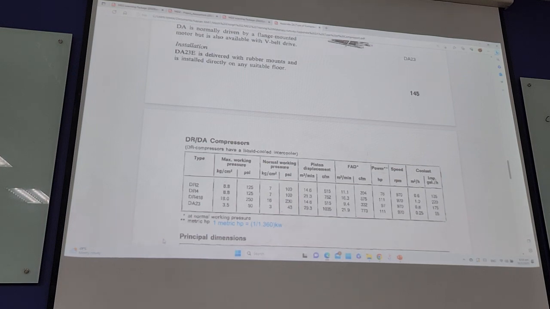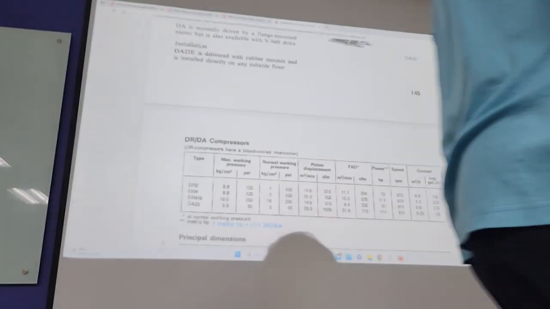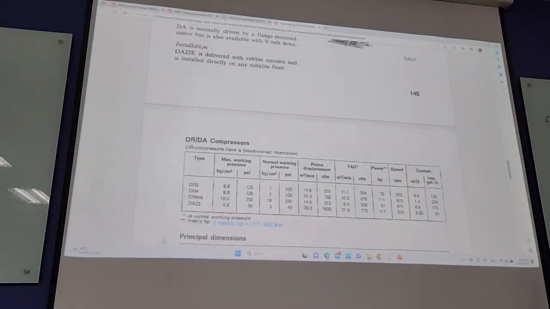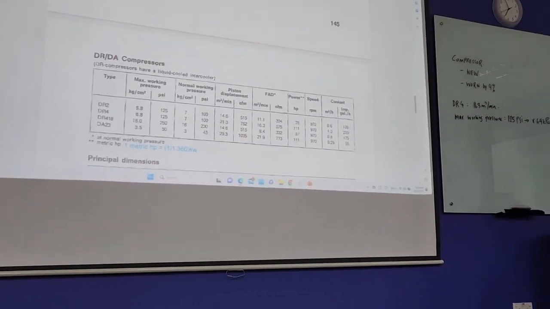So what will be the total from 125 psi? So equal to 862.5 kilopascal. So this is the maximum working pressure of our compressor.